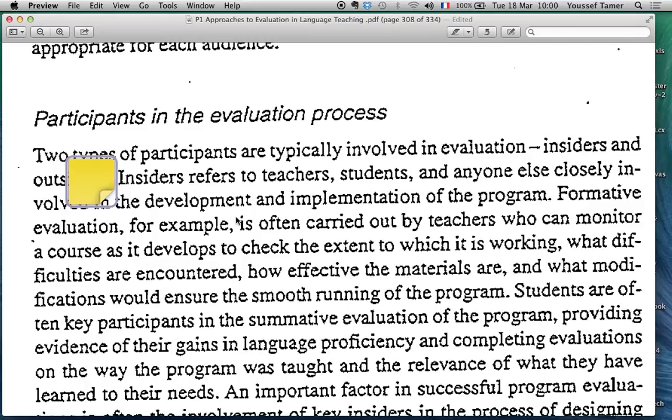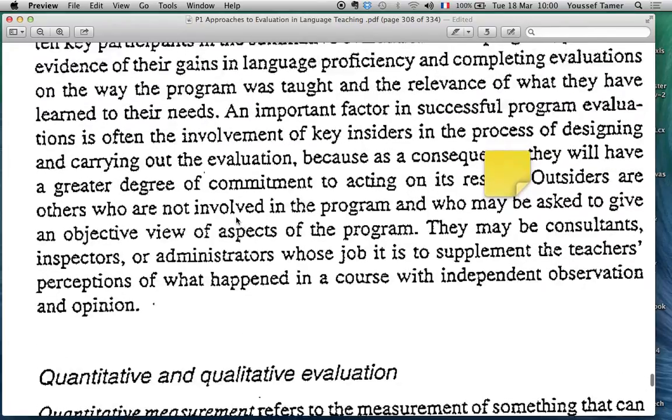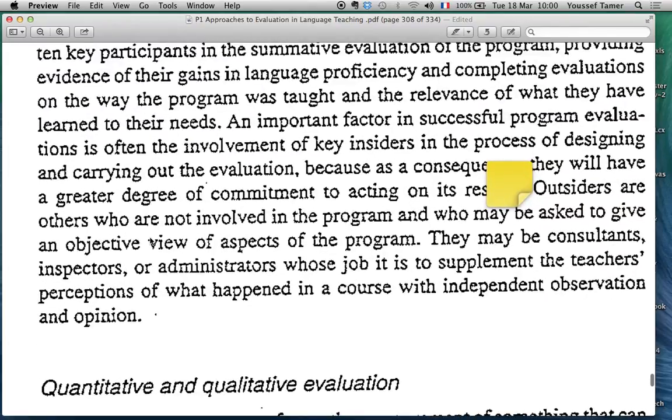They could be different, so you could go and review that. Outsiders are others who are involved in the program, like the sponsors, for example, consultants, inspectors, administrators, experts. If you remember last time, we had experts from the British Council.